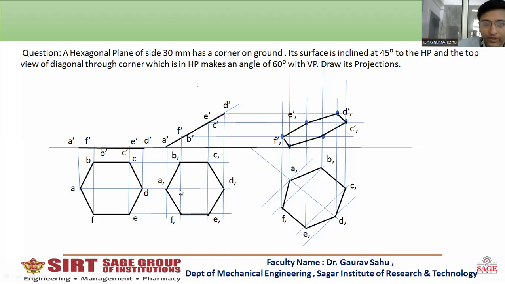From this point to B1 you take a distance and plant E1, and from this point to F1 you take a distance and plant on this. From this point to C1 you plant a distance. From this point to E1 you measure the distance and plant over there. So you get each and every point A1, B1, C1, D1, E1 and F1, and after that we will join all those points.